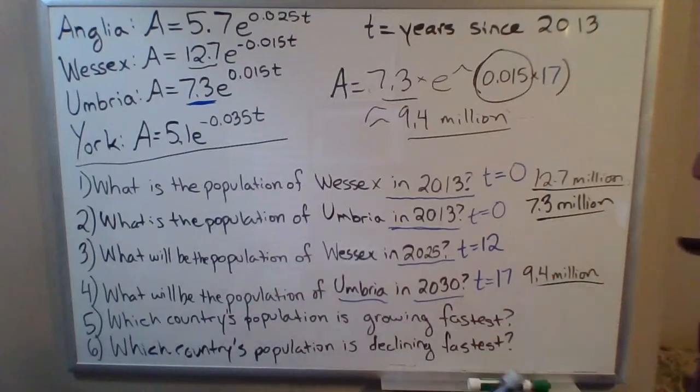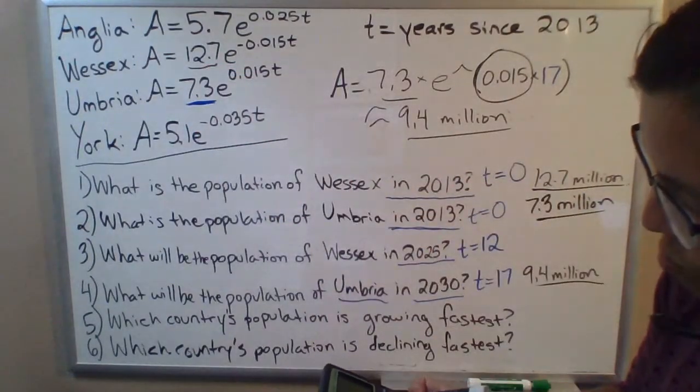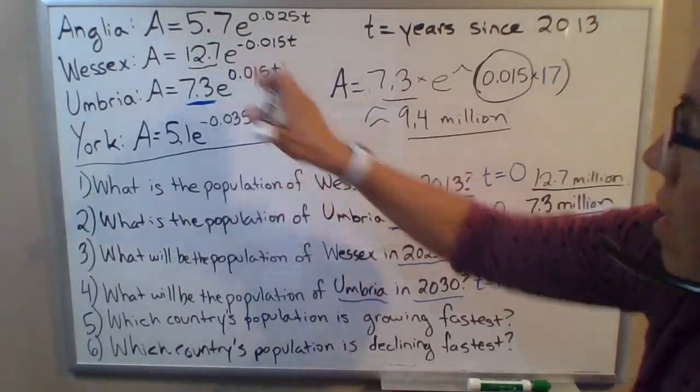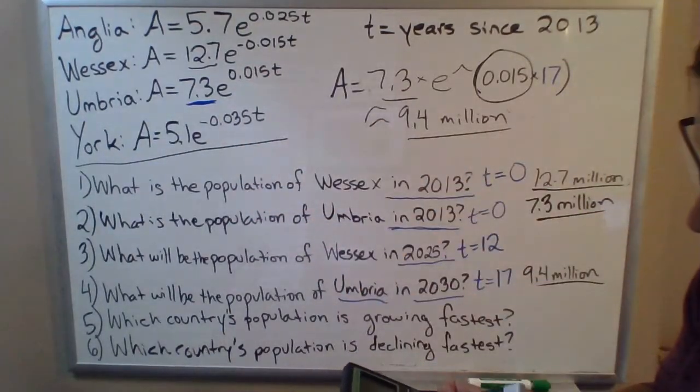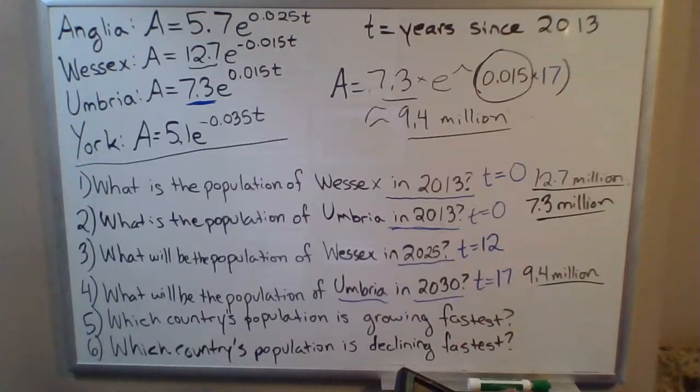Now, correcting question 3. Sorry about this. So we want Wessex. I'm going to do 12.7 times e to the negative 0.15 times t, which is what I changed. T should be 12.